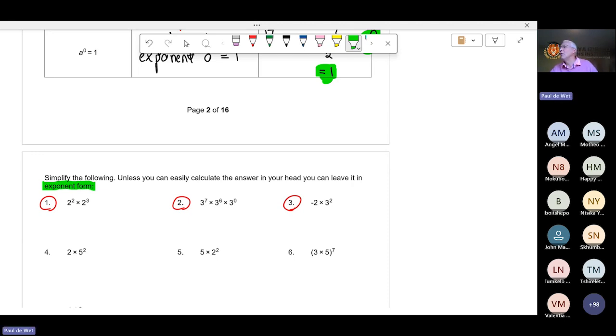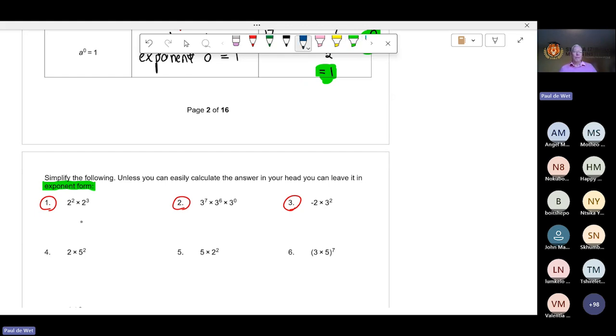We've still got Nokubonga with the hand up. Just put your hand down, please. And then we've got Langelishe with the hand up, and we've got Elishe. Guys, we can just put your hands down. Okay, we've got more hands up. All right, that's not going to work.